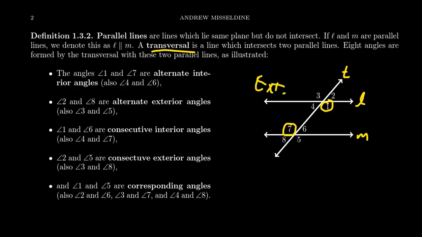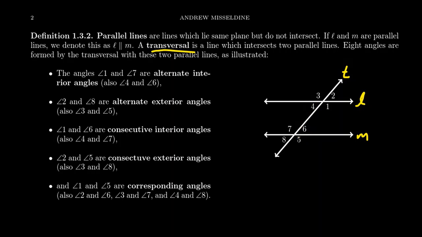Those inside of the band we'll call interior angles. Alternate means they're on the opposite side of T. So 1 and 7 are on opposite sides of T, so they're alternate interior angles. Likewise, 4 and 6 are alternate interior angles. They're on the opposite side of the transversal, but they're interior to the parallel band.